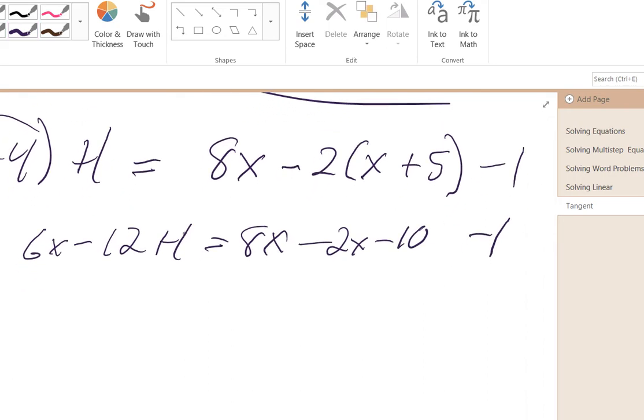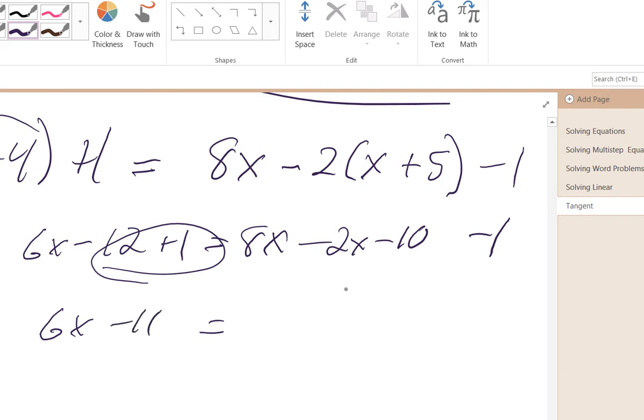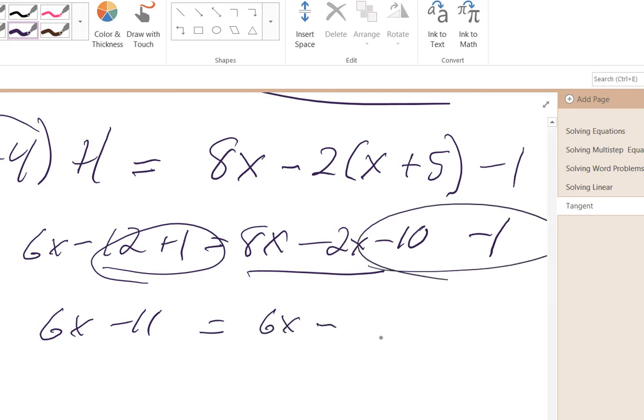This is a plus 1. Looks kind of messy, but it's a plus 1. Okay, then what? Okay, what's that going to give us? Okay, and right here? What's that going to give us?